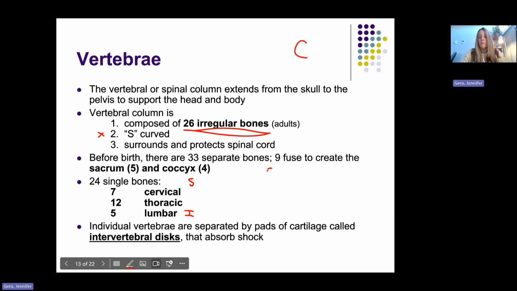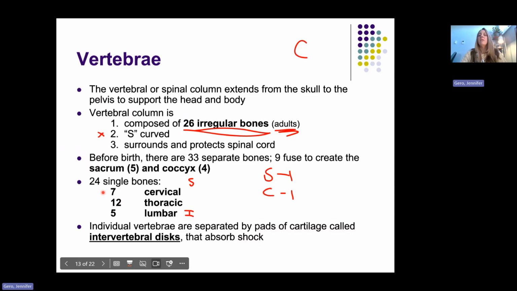If we add these numbers together, 7, 12, 5, and then 2, that comes to 26. Again, that's in the adult skeleton; there are more in the fetal skeleton because the sacrum and the coccyx are not fused together.